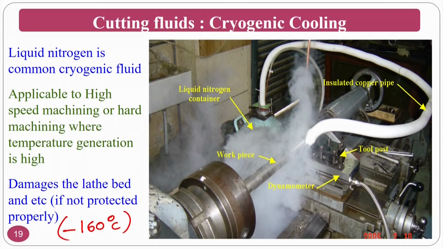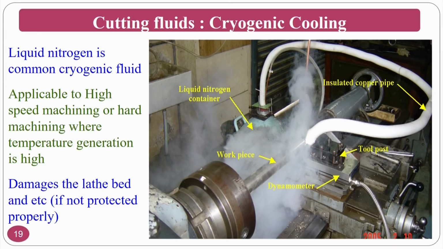The basic problem about this cryogenic is, if you don't protect the base or the lathe bed and all those things, if the minus 164 degrees or minus 160 degrees fluid continuously falls on the lathe bed or the component, it makes it completely brittle.